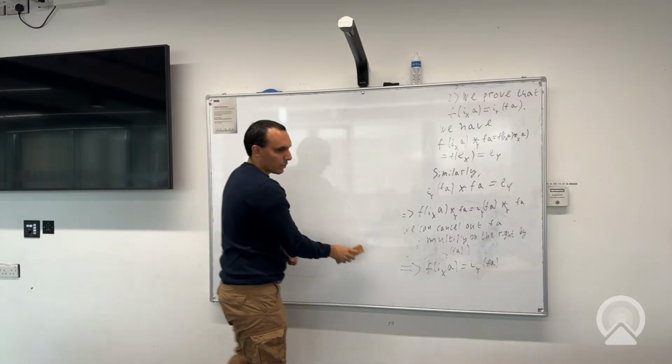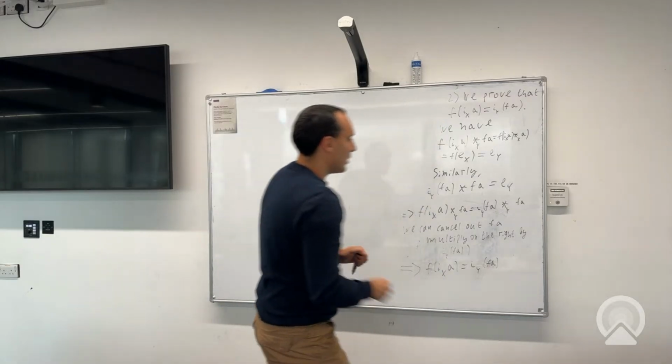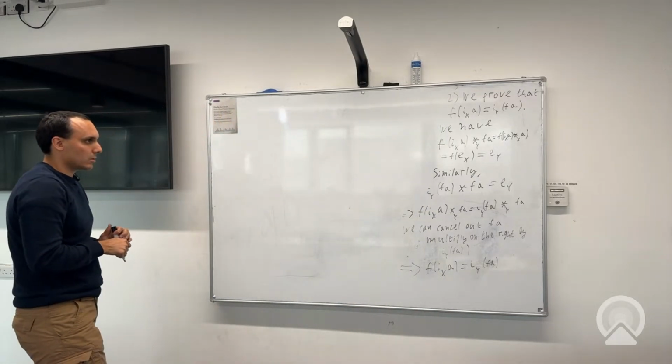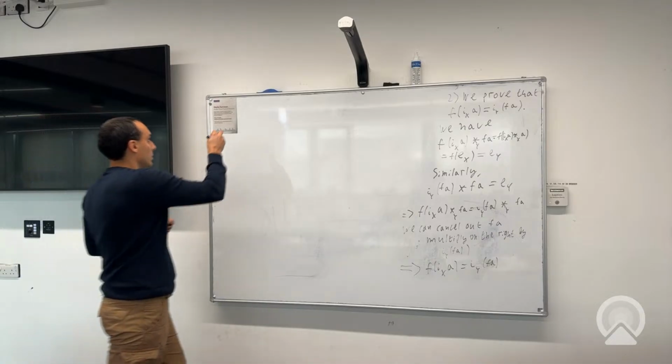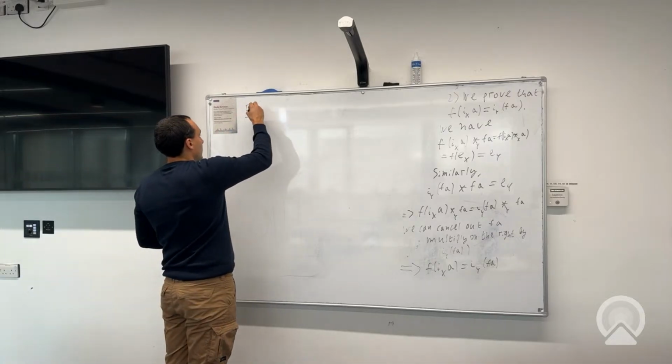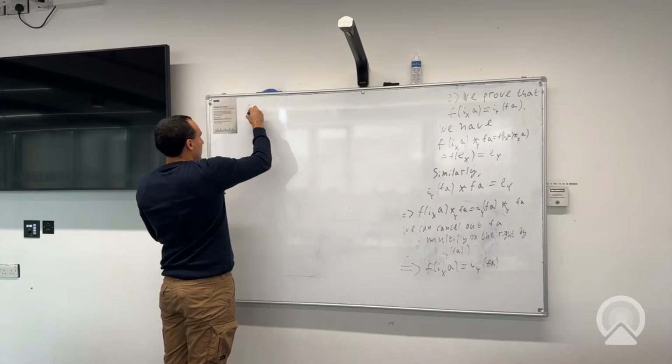So let me give an example of a morphism of monoids: a function that acts like a morphism, but it's not. A counterexample.